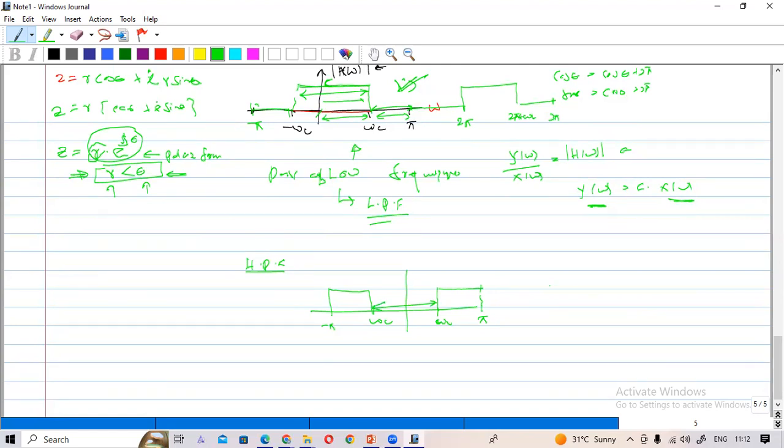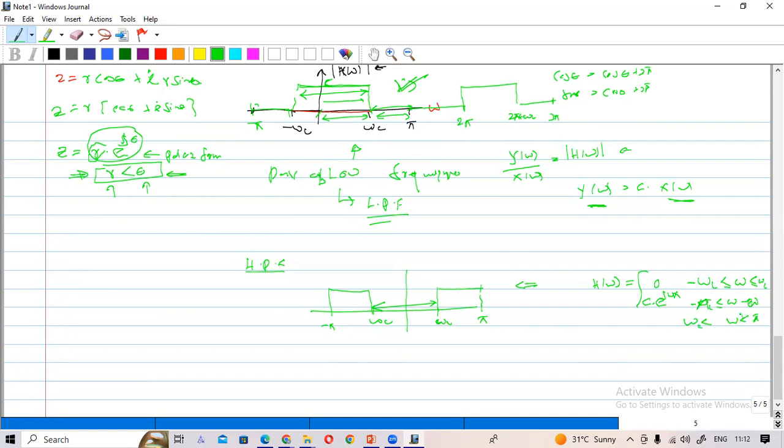So a high pass filter, you can represent like this. H omega is equal to 0 between minus omega c and plus omega c, and C e to the power of minus j omega alpha from minus 5 to minus omega c and plus omega c to 5.